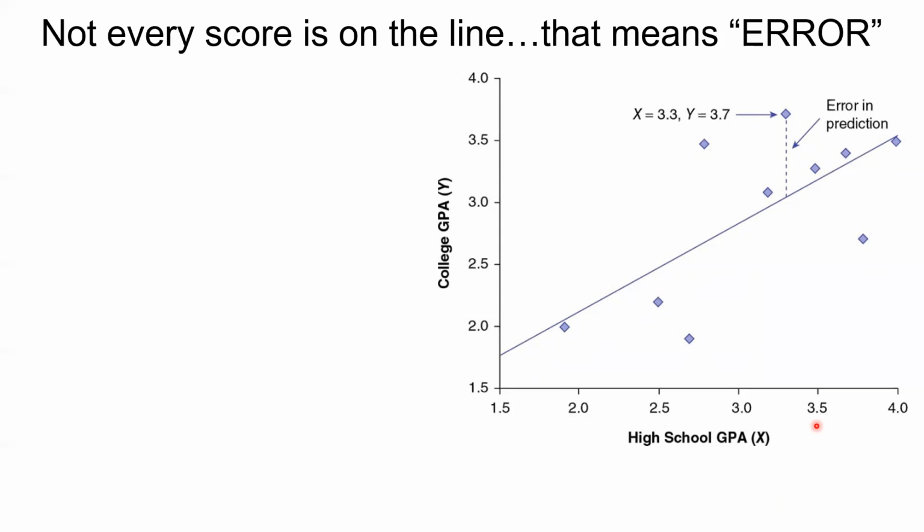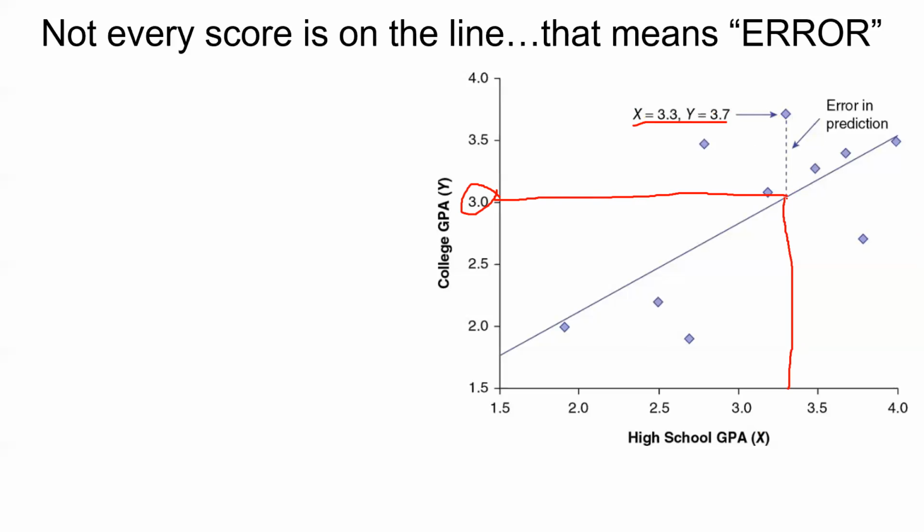If we were to predict the first year college GPA for someone who had a high school GPA of 3.3, we would draw our line from 3.3, and then come over here and predict their GPA. We would predict a GPA of 3.0. But in our data set, we had a student who had a high school GPA of 3.3, and their college GPA was 3.7.